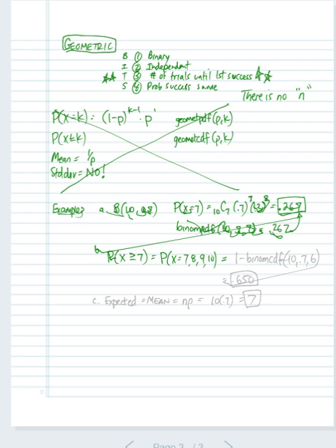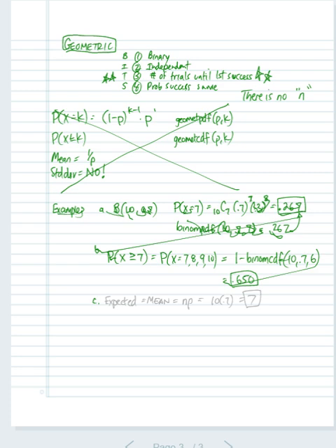But the easier way is to use binomialCDF and subtract the ones that I don't want. The ones that I don't want would be 6 and below. So I can do 1 minus binomialCDF for 10, comma 0.7, comma 6, because then we would be getting rid of 6 and lower. And I'll tell you that 0.650 is the answer there.